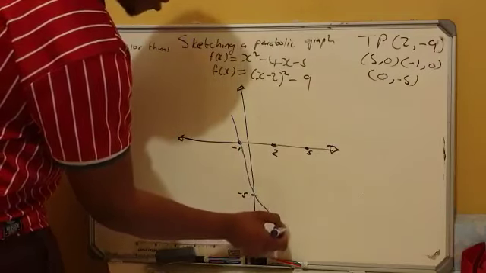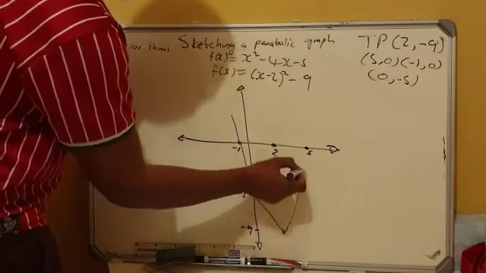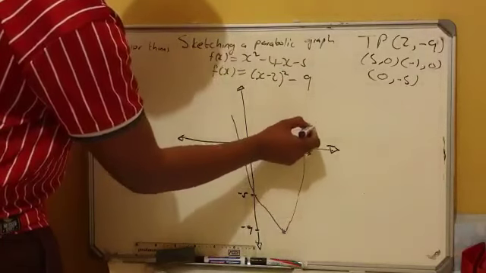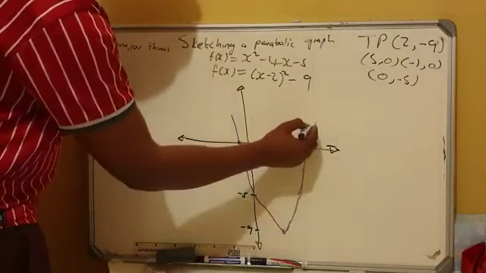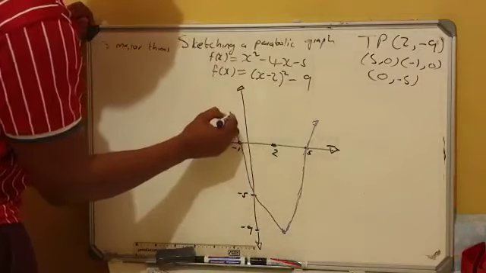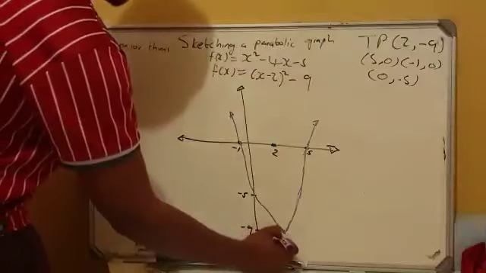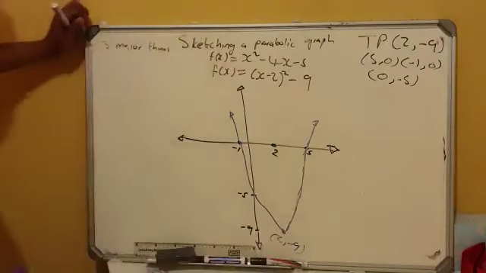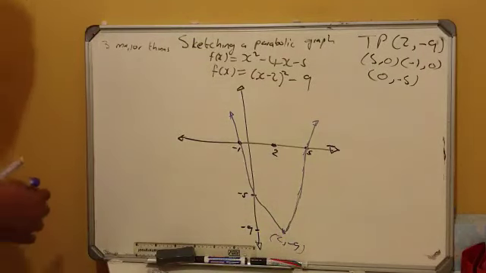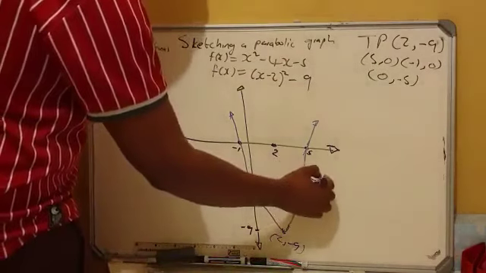As a student, you must draw nice things. Not to say that you lose marks by drawing a graph like mine, but your work must be neat. So this is the turning point, 2 and minus 9.